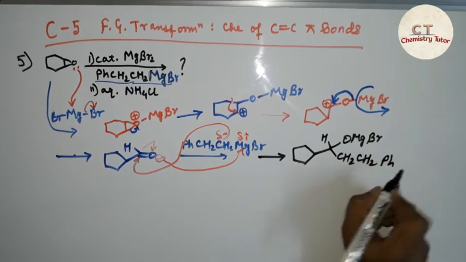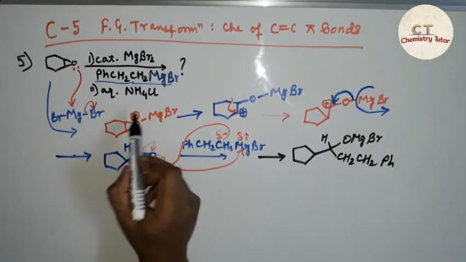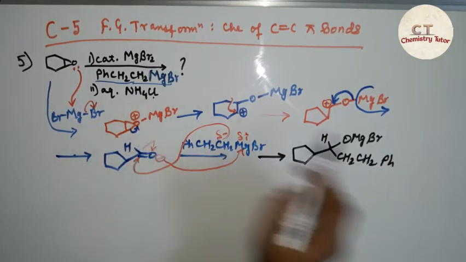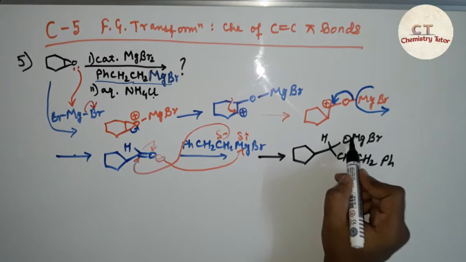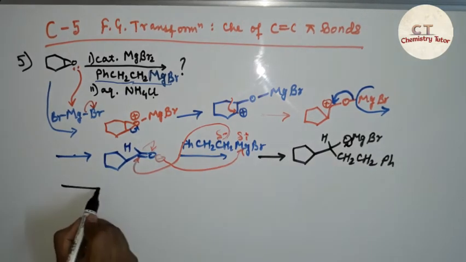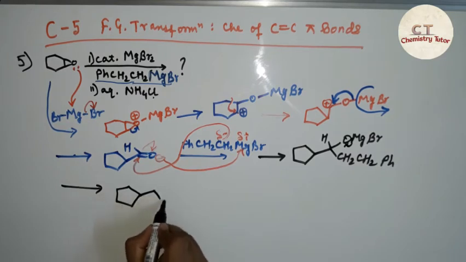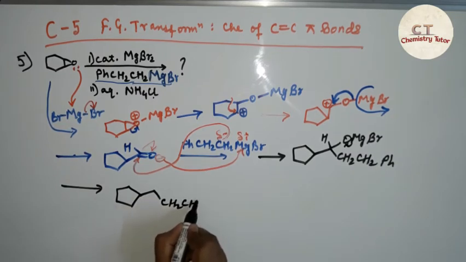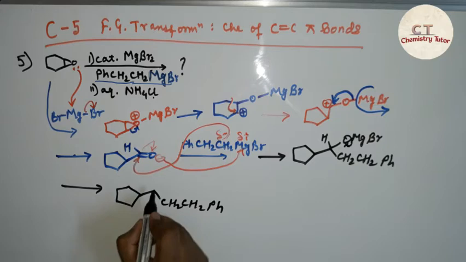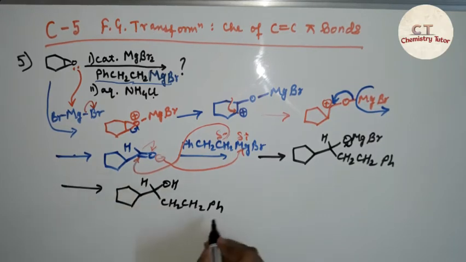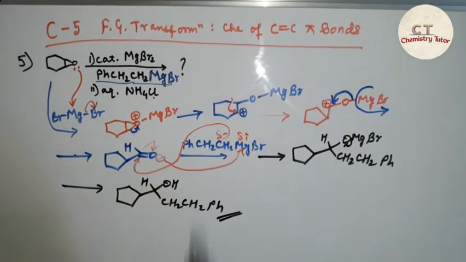Then in the next step, since NH4Cl is given, this bond will be converted into OH. It will abstract a proton and will give us our product as OH, just giving us an alcohol. Okay, so this is the final product of this reaction.